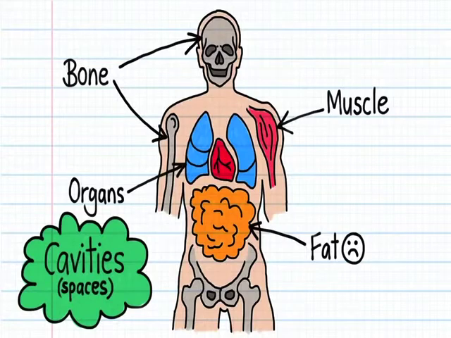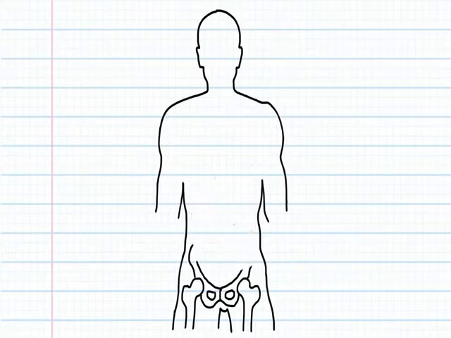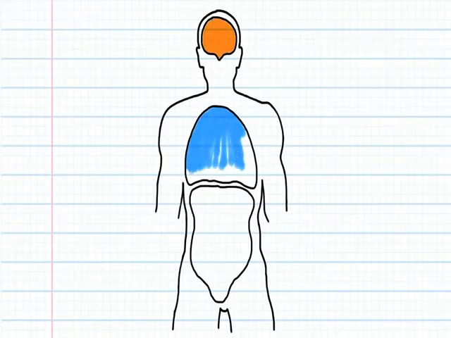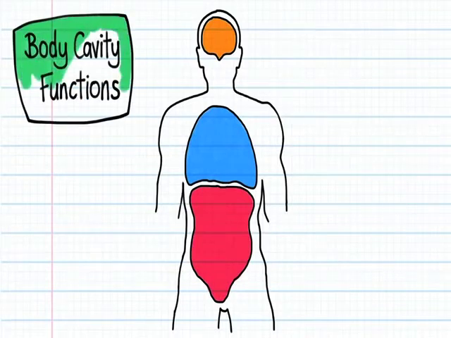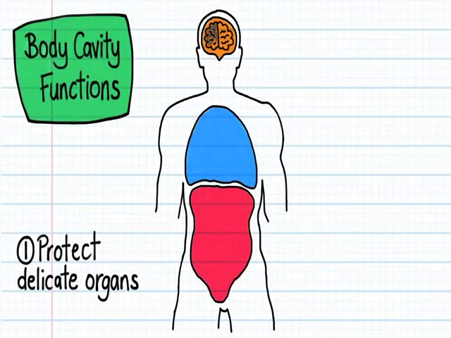Some of these cavities, like for example the nasal cavity, open to the outside of the body. However, most of our cavities are internal. Body cavities have several important functions. Firstly, they protect delicate organs, like for example the brain, from bumps and shock when we walk, run and jump.